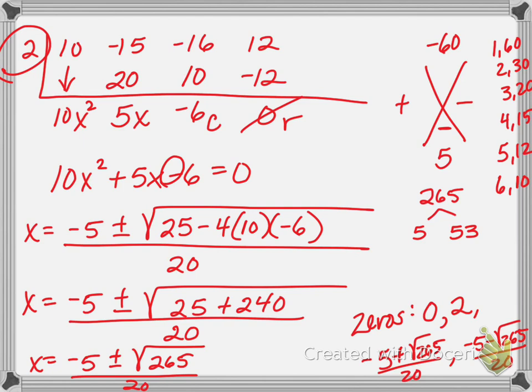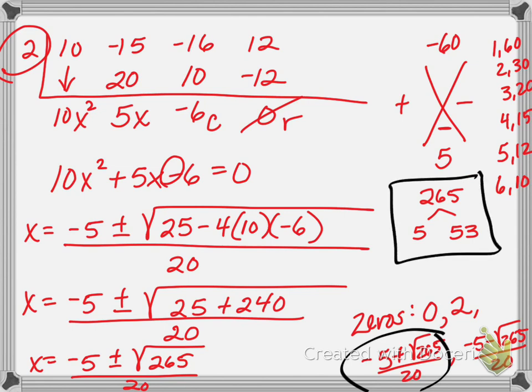And these numbers that we just found here are not rational numbers, because anytime you have a square root of a number that's not a perfect square, it's going to be irrational. So 265, we tried to factor it, it did not factor, so it's not a perfect square or even factorable. So it's irrational, just like pi. So 0 and 2 are the only two rational zeros. Alrighty, good luck.